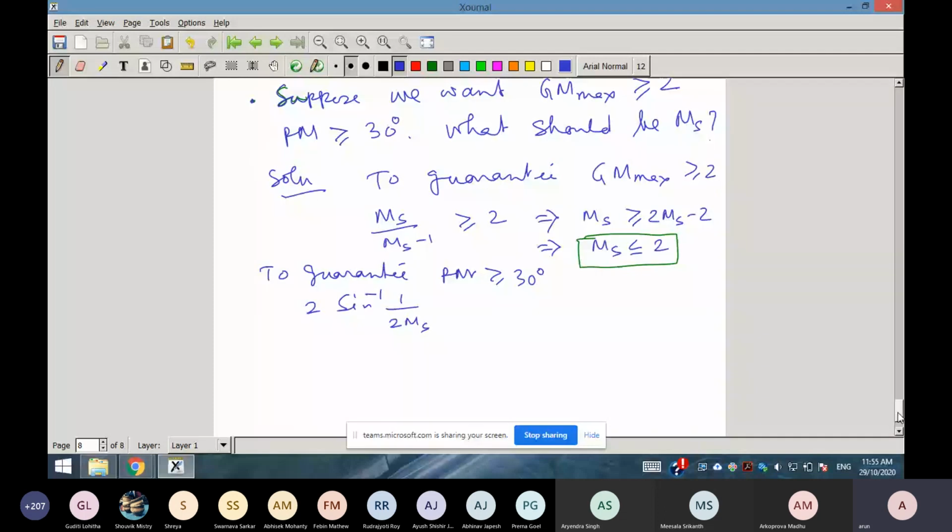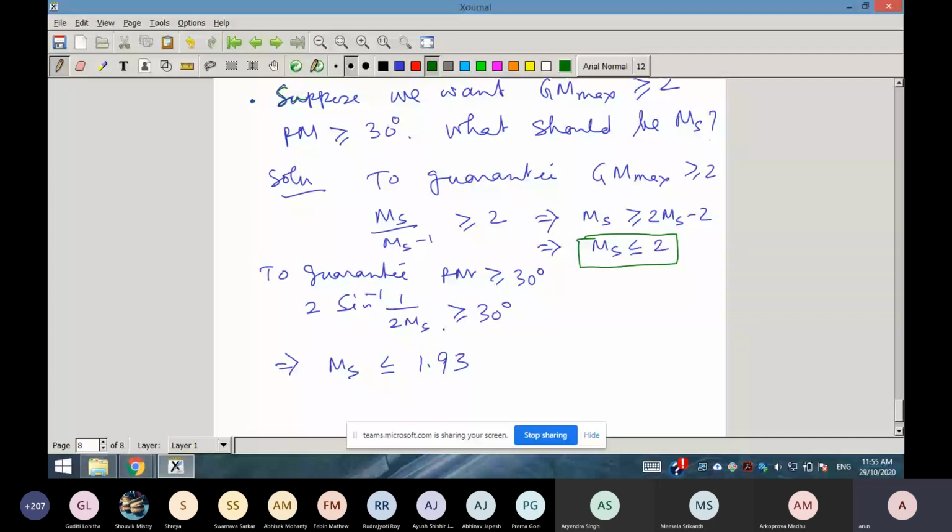If you solve this inequality, ultimately you will get Ms should be less than or equal to 1.93. Please check it. I have already checked, I am not deriving this again. Then sine inverse of 1 by 2 Ms would be 15 degree, then 1 by 2 Ms would be greater than or equal to sine 15 degree. From there you will get it.